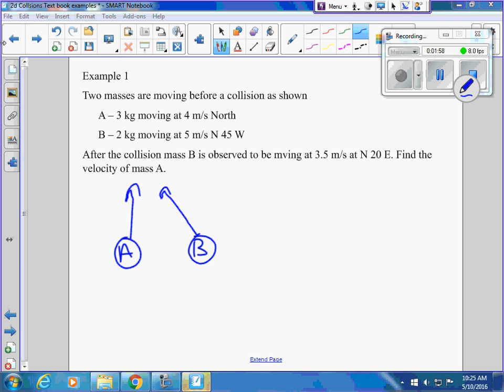Let's deal with the initial first, and then maybe we'll, well, you know what? Let me do this. You guys are probably going to hate that I did this. Which way are A and B going to go after? Away. What do you mean by away? A is going to go that way, kind of thing, isn't it?